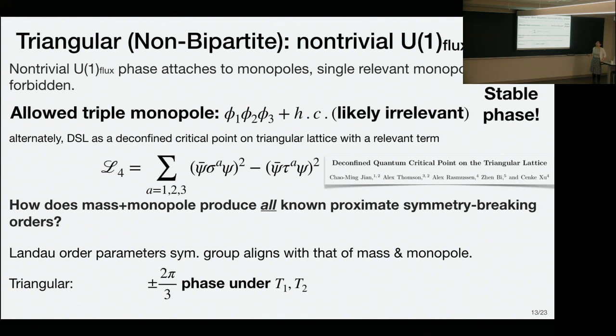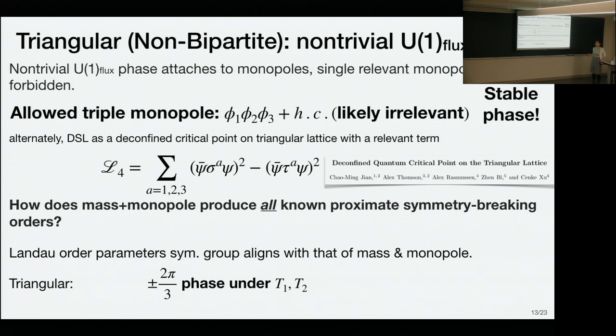Alternatively, there might be other relevant operators in the low energy theory other than this monopole operator, namely this quadratic fermion term. This quadratic fermion term breaks the SU4 symmetry, but it preserves the subgroup of SO3 spin times ISO3 valley. So it still preserves all the physical symmetries.